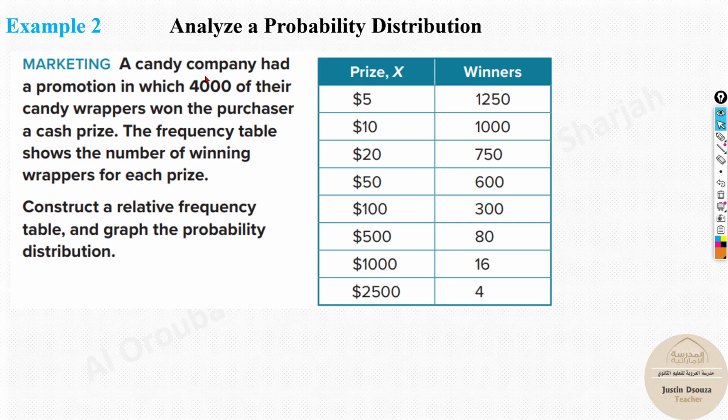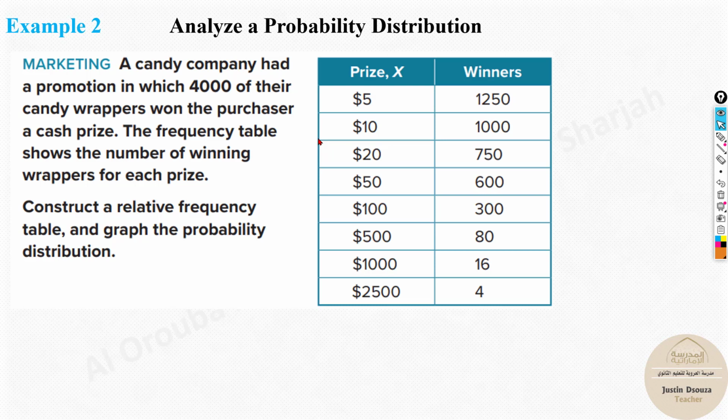Marketing. A candy company has a promotion in which 4,000 of their candy wrappers win a cash prize. The frequency table shows the number of winning wrappers for each. So this is the frequency of winning. Construct a relative frequency table and graph the probability distribution. Now, what happens over here is there are different prizes of 5, 10, 20, 50 in this candy.